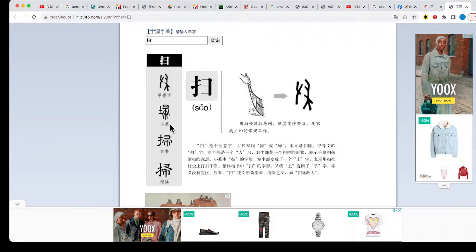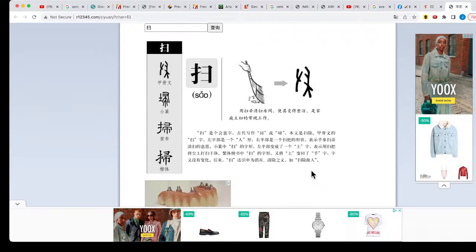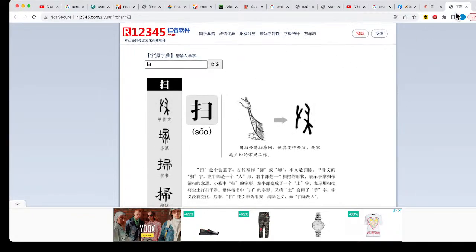That's the picture right there. Later on it continued to change. Here's a hand, here's another hand, and this is the broom. That's 扫.